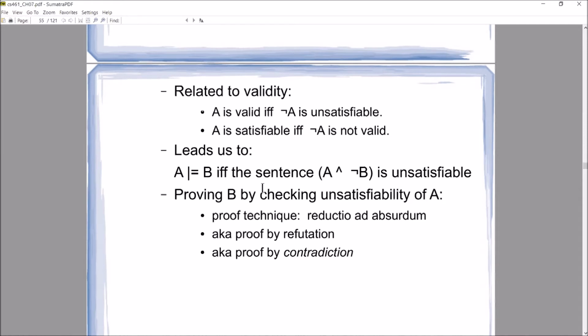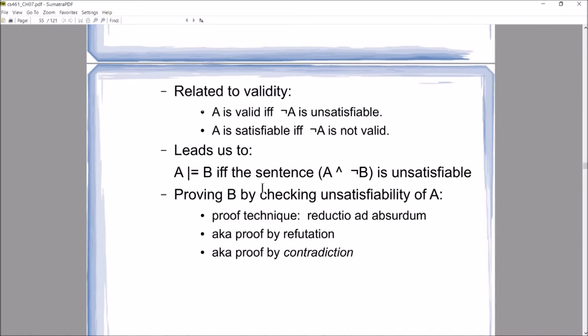Think of it this way. If you have some sentence A, it is valid if and only if not A is unsatisfiable. That means A is valid only if not A is never true in any of the possible models.